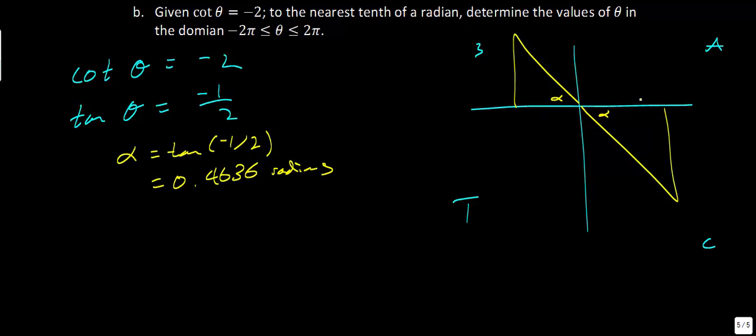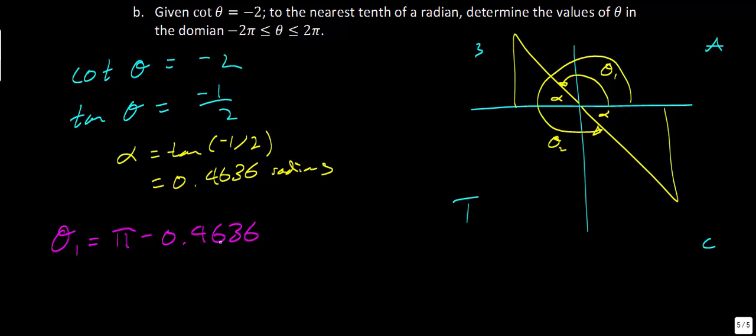The first thing we're going to do is figure out these two possible solutions. I'm looking for this as my theta 1, and this as my theta 2. We'll do the answers in pink here. Theta 1 is equal to, how do I get that? It's similar to the one we just did before. You go pi minus alpha, and our alpha was 0.4636 radians.